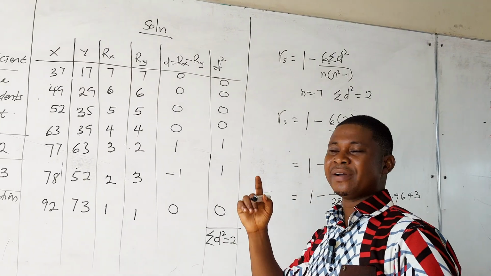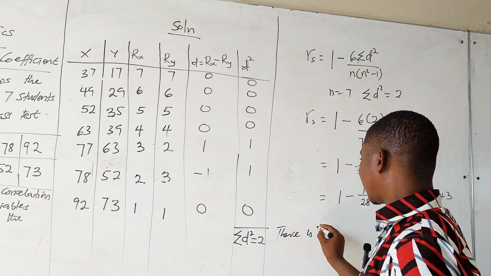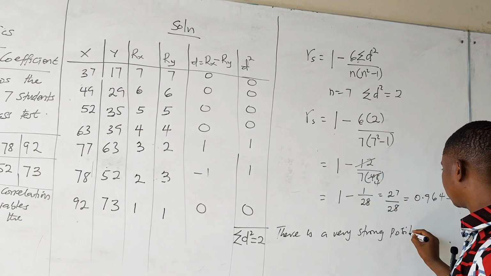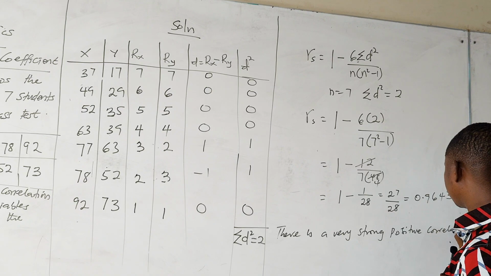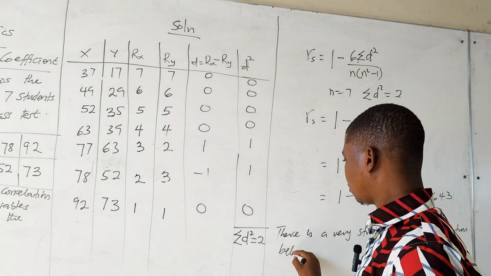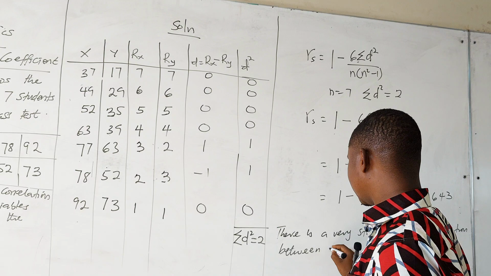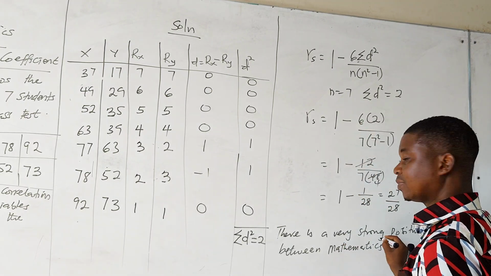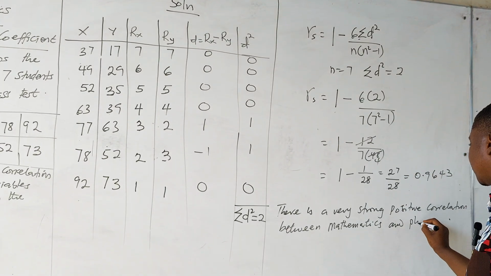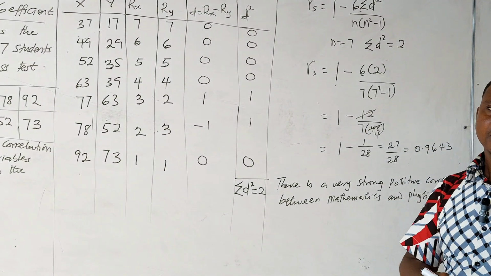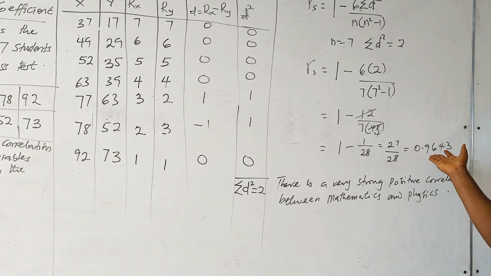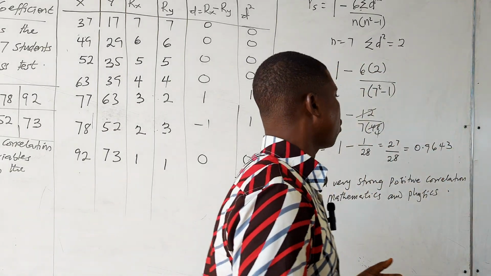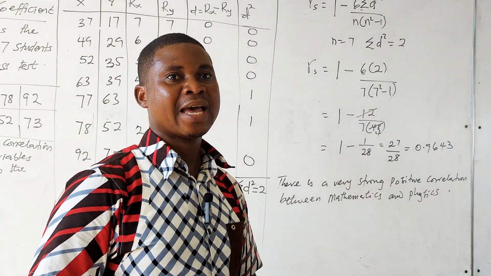So there is a very strong positive correlation between mathematics and physics, because the value that we are getting is 0.96.